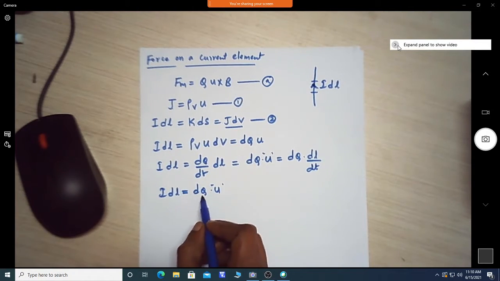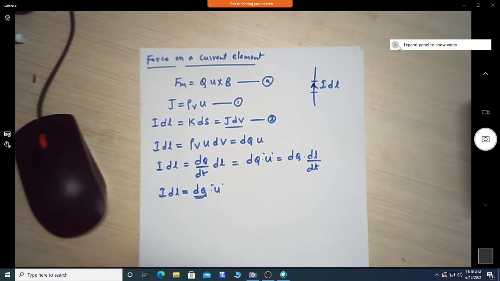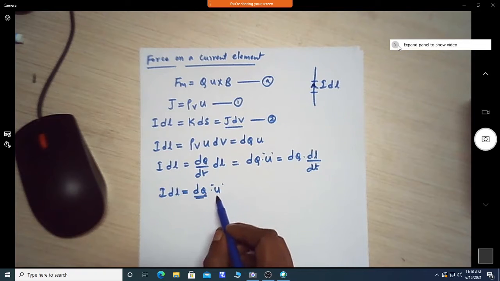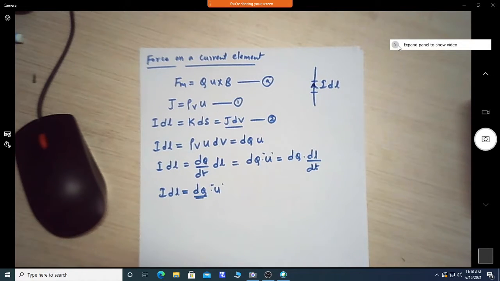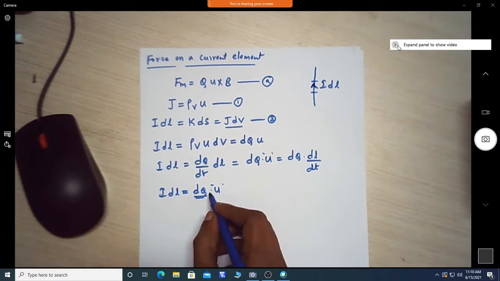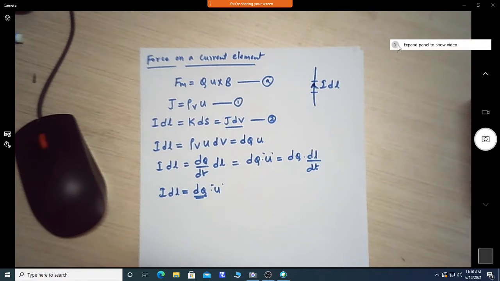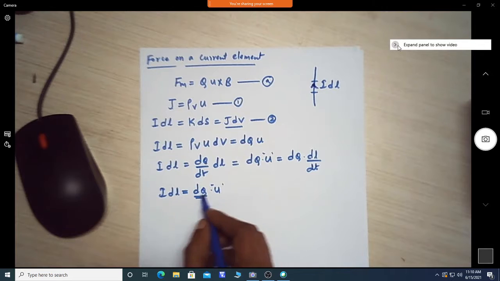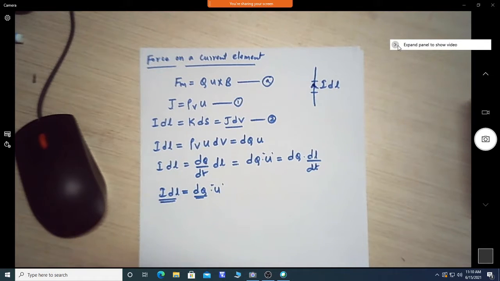So now we have seen this elementary charge dq moving with a velocity u, thereby producing the convection current, which is defined by this dq into u. Now this is also equivalent to the conduction current which is flowing through the current element I dl.